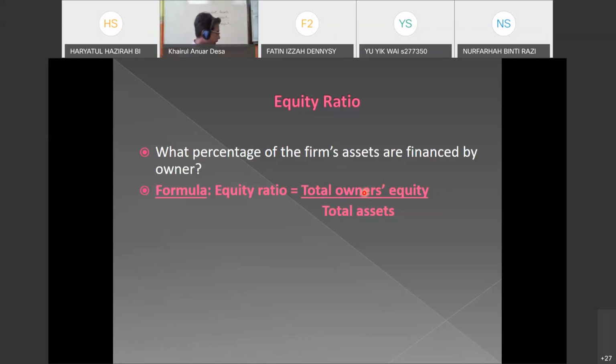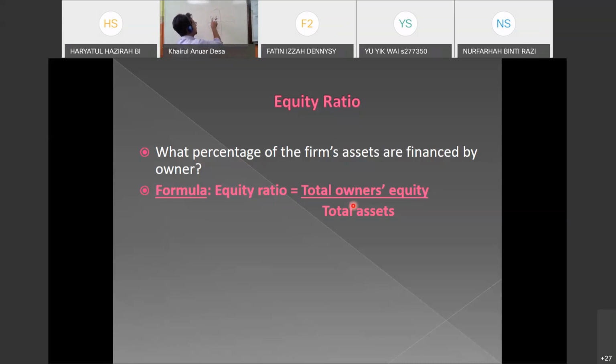Okay, later on, I will show you. You tengok dulu ini. Just now, I introduce you with the capital structure. Okay, this is a total capital in the company. Dalam syarikat kita, sebahagiannya kita dapat modal melalui hutang, debt.